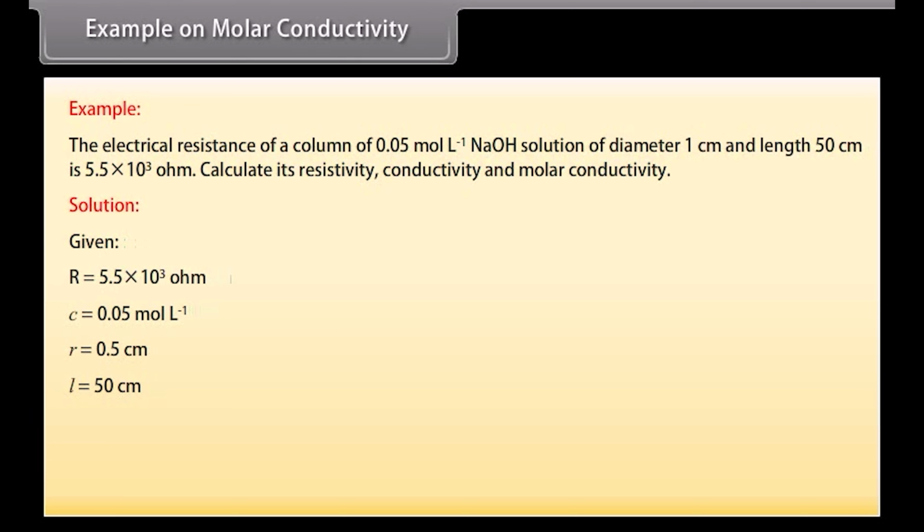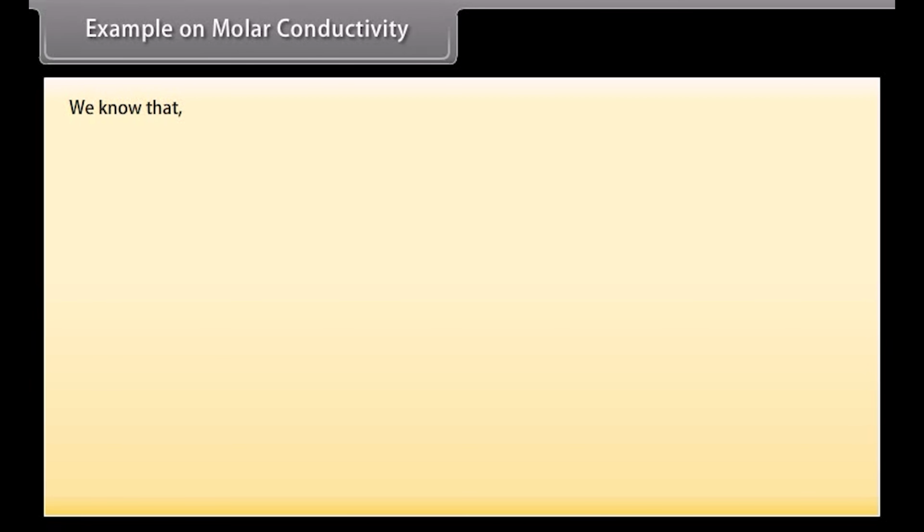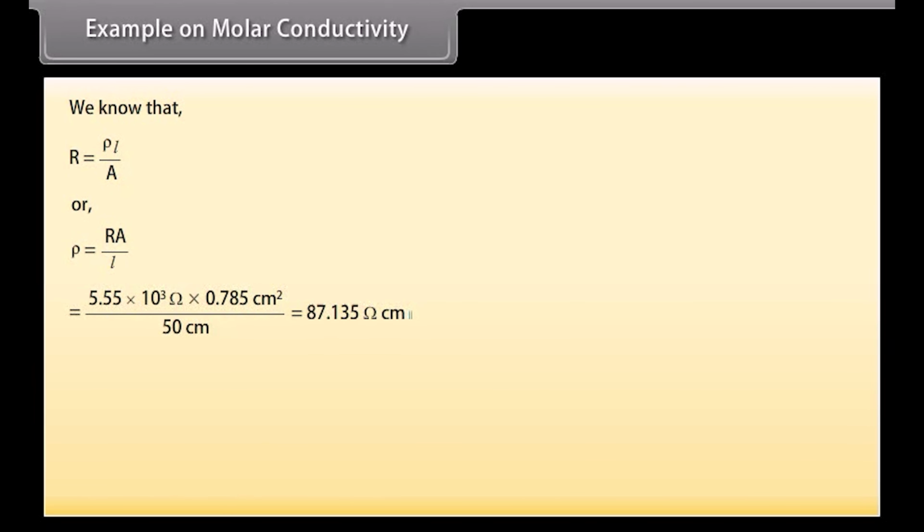We know that area is equal to πr². By putting the values, we get area is equal to 0.785 centimeter square. We know that R = ρL/A. By putting the values, we get resistivity is equal to 87.135 ohm centimeter. We know that conductivity is reciprocal of resistivity.